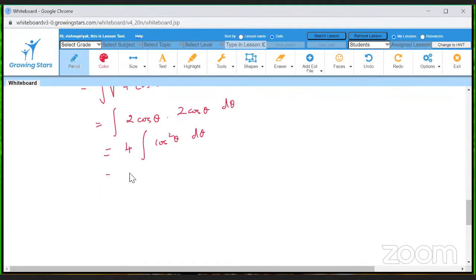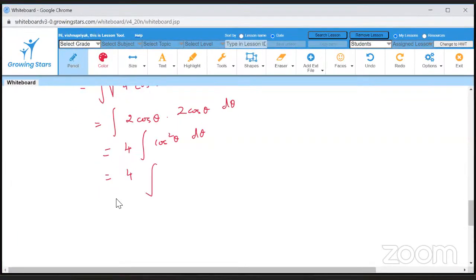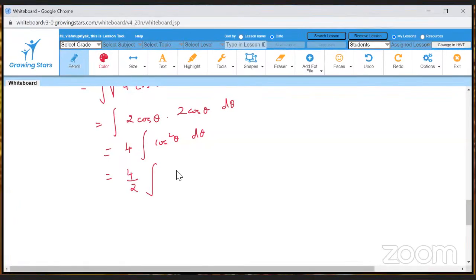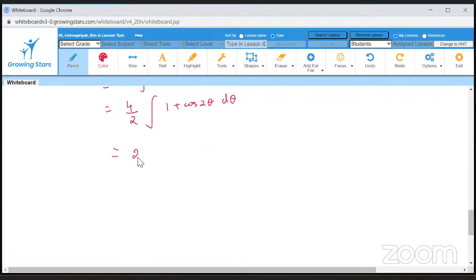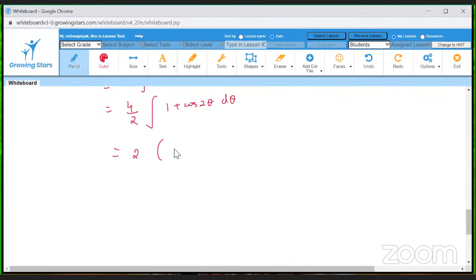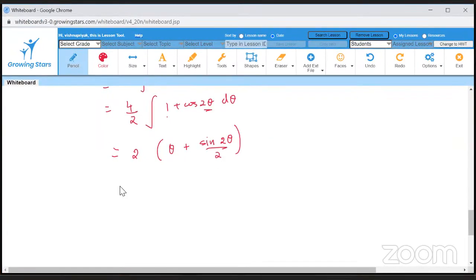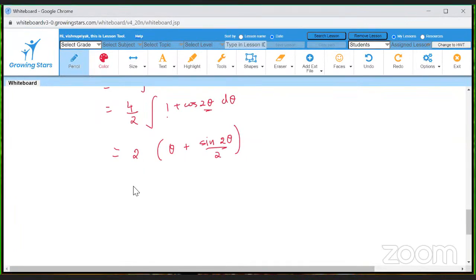Cos square formula, you can write integral cos square as 1 by 2, 1 plus cos 2 theta, d theta. That is 2 into integral of 1 is theta, integral of cos 2 theta is sine 2 theta by 2. Now how to put this?